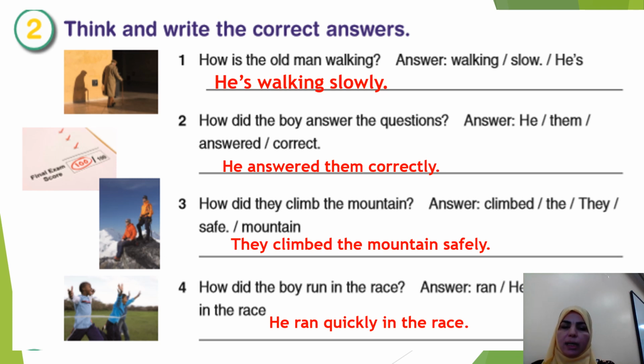Here, quickly is an adverb. It describes the verb run. Ran is the past verb from run. Okay, my lovely students, I will give you 5 minutes to check your answers and correct the mistakes. Start, please.